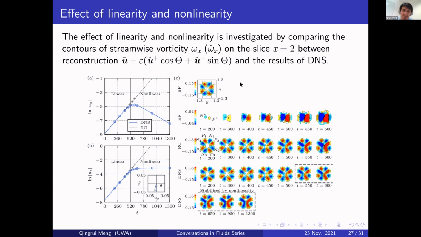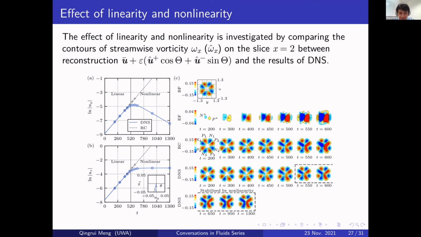The first row is the base flow. The second one is the growth of the eigenspace. The third row is the reconstruction fields, and the last two rows are the DNS results.